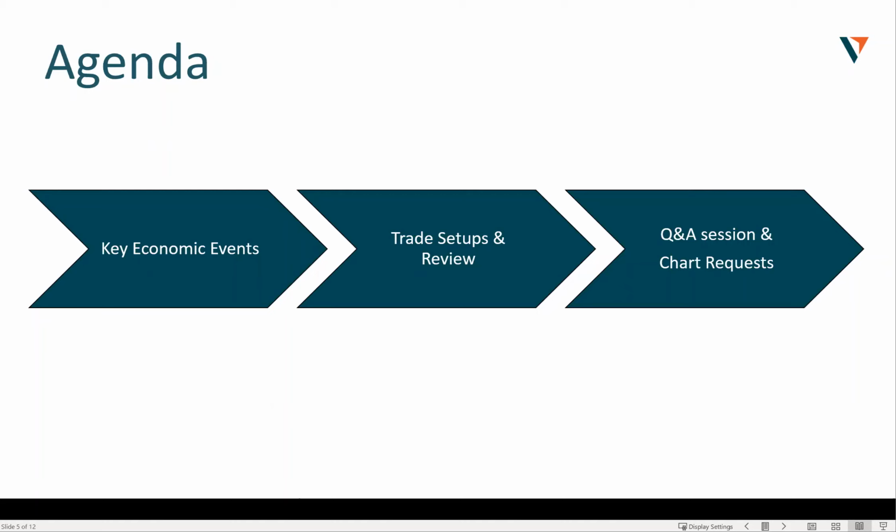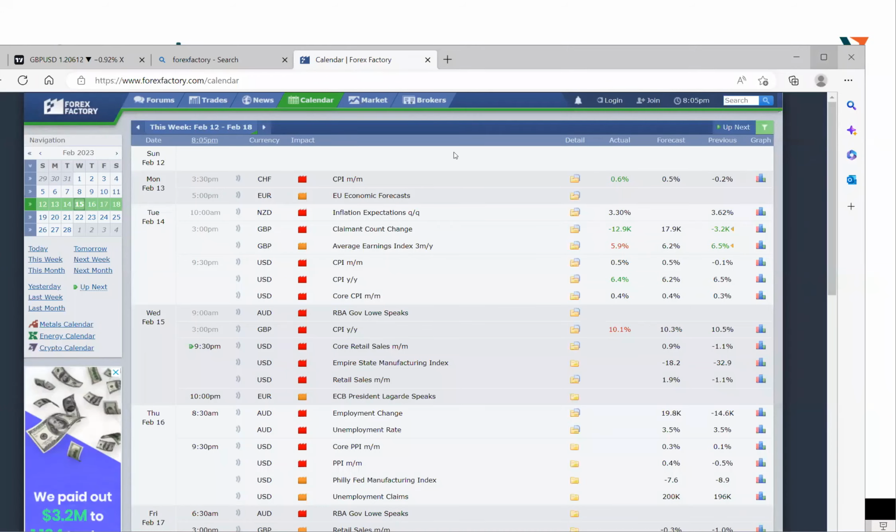You can access this by going to forexfactory.com, and then under calendar, you should be able to see the key upcoming events for the week.